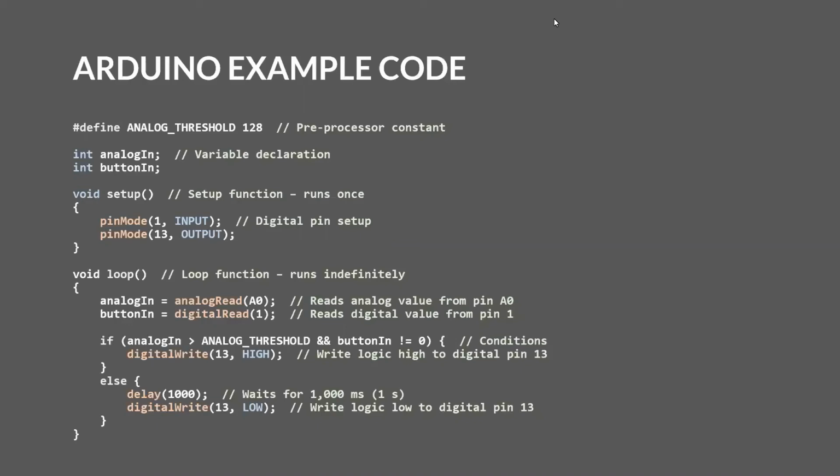So what's the purpose of the 1,000 millisecond delay? There isn't really one in this case. I just decided to include that to show you that you can do delays.